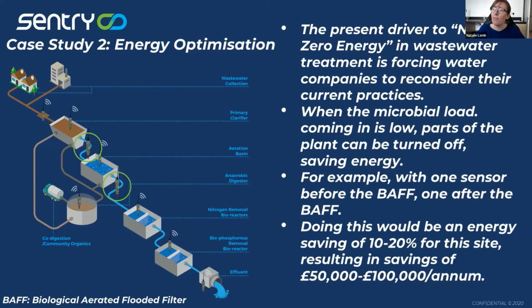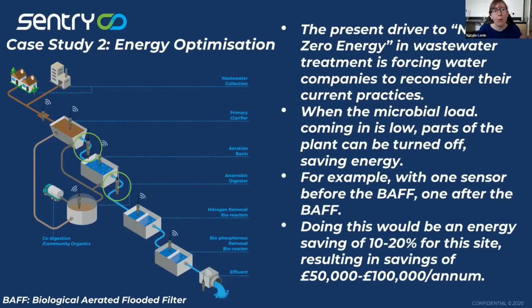With SENTRY, when the microbial load coming in is low, parts of the plant can be turned off to save energy. At the site that I've been crunching those numbers with, we were doing this particularly on the bath units. We had one sensor before the bath and one sensor after the bath, and they had 6 bath units.